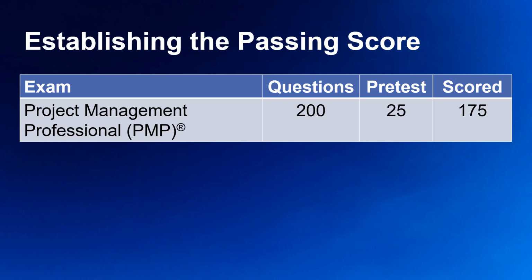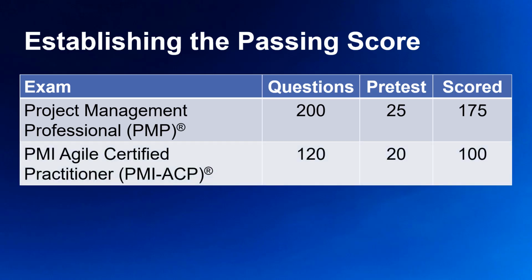This means that you start out with 200 questions, minus the 25 pre-test questions, which leaves 175 questions that will in fact be scored. And, as you remember from the previous slide, they will be scored based on sound psychometric analysis. For the PMI ACP exam, the situation is very similar, but we have different numbers. You have to answer 120 multiple choice questions, and PMI will place 20 pre-test questions randomly in your exam.